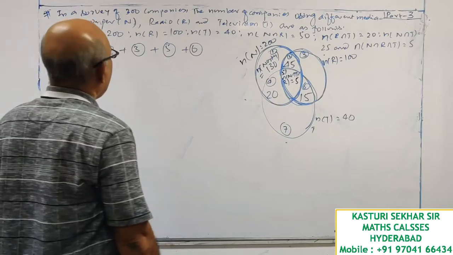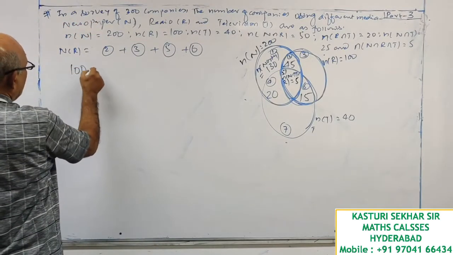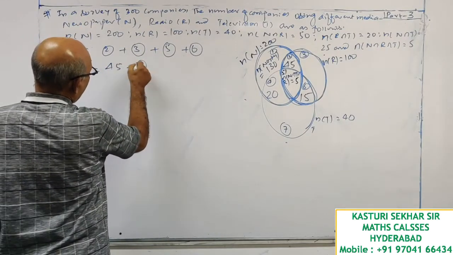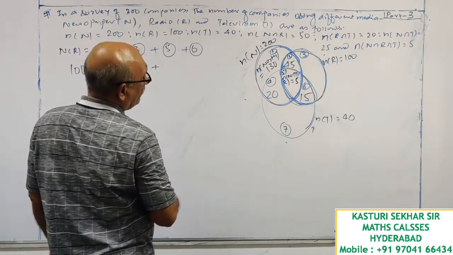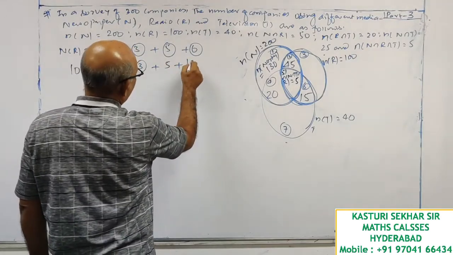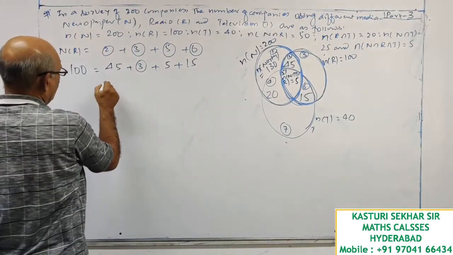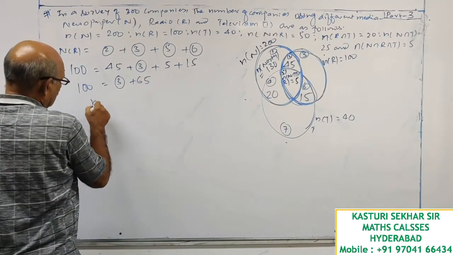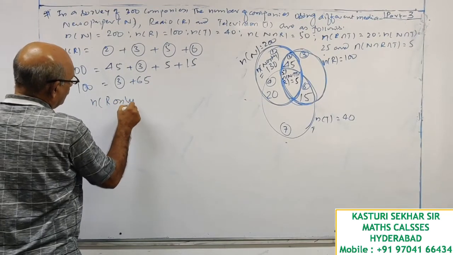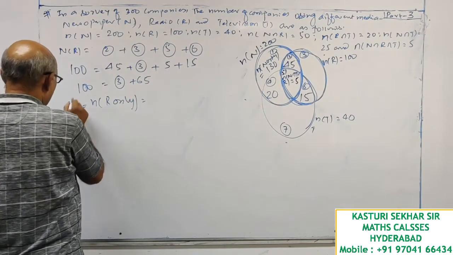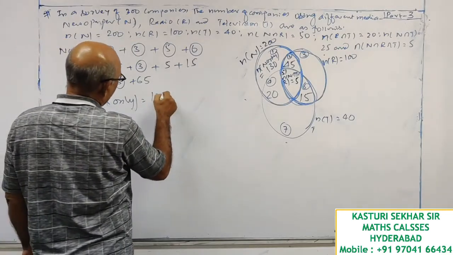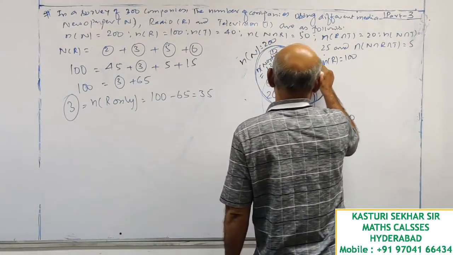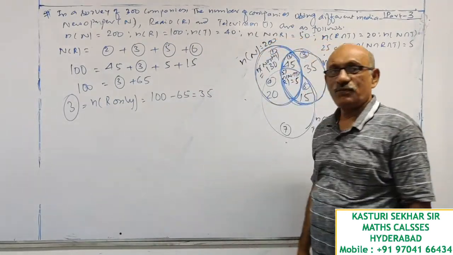How many companies are using radio? 100. 2 is 45, 3 we have to calculate, 5 is equal to 5, 6 is equal to 15. This is 65. So n of radio only is 3 only: 100 minus 65, this is 35. So this part is 35.